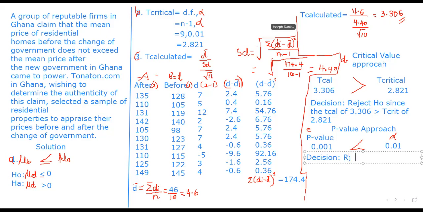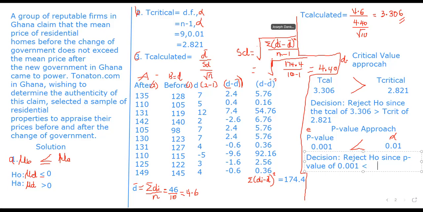So we are rejecting H0 since the p-value of 0.001 is less than alpha.